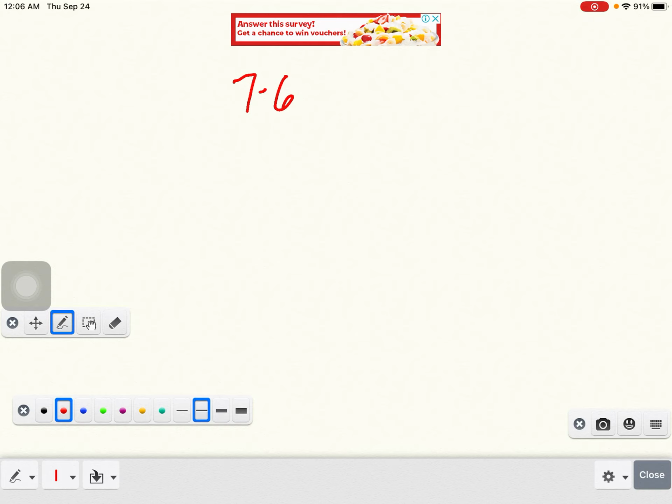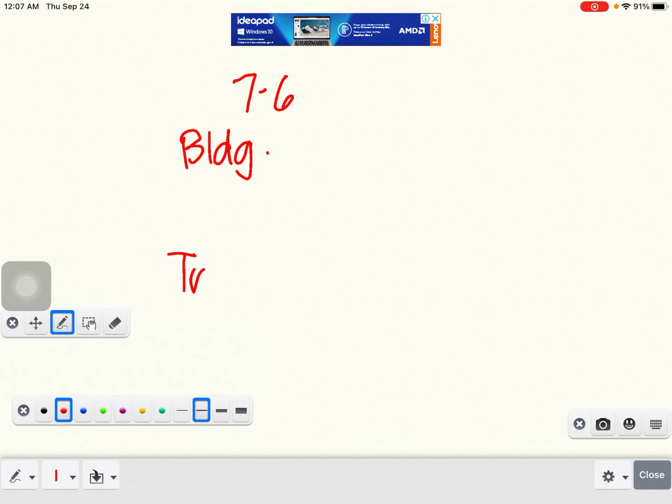So, insurance again. But take note, we have different dates of coverage. So we have here June 1, 20A until June 1, 20B, 12,000. So that is the building. We also have the truck.